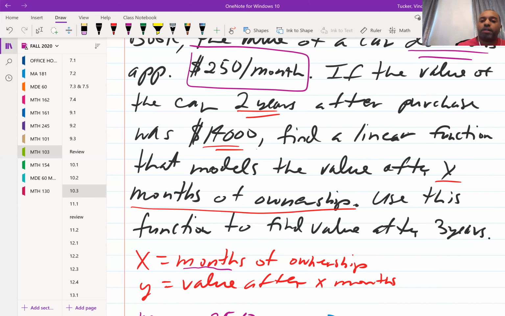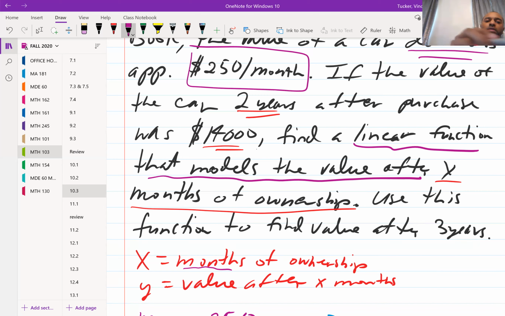As it says here, find the linear function that models the value after X months of ownership. All right, I'll probably make that green.